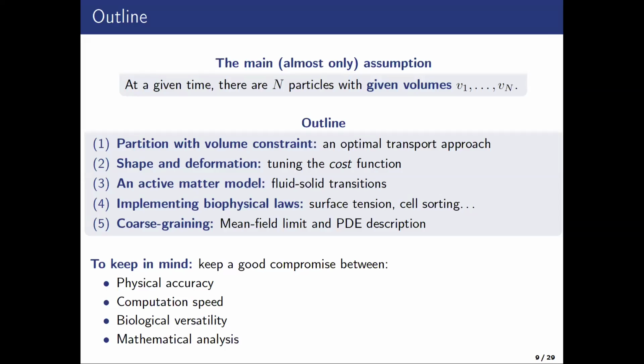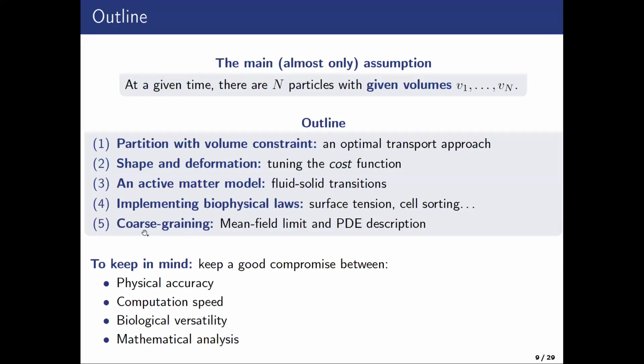And then I will describe this optimal transport approach for describing tissue, and then how to control the shape and deformation of each cell, and how to turn that into an active matter model. That is useful for biophysics, so we can implement some biophysical laws that would lead to all the self-organized phenomena that I discussed.